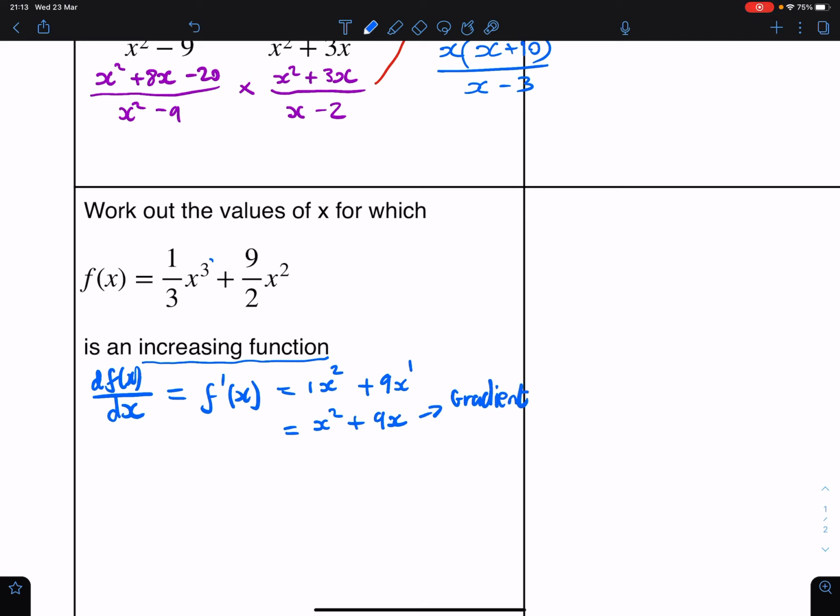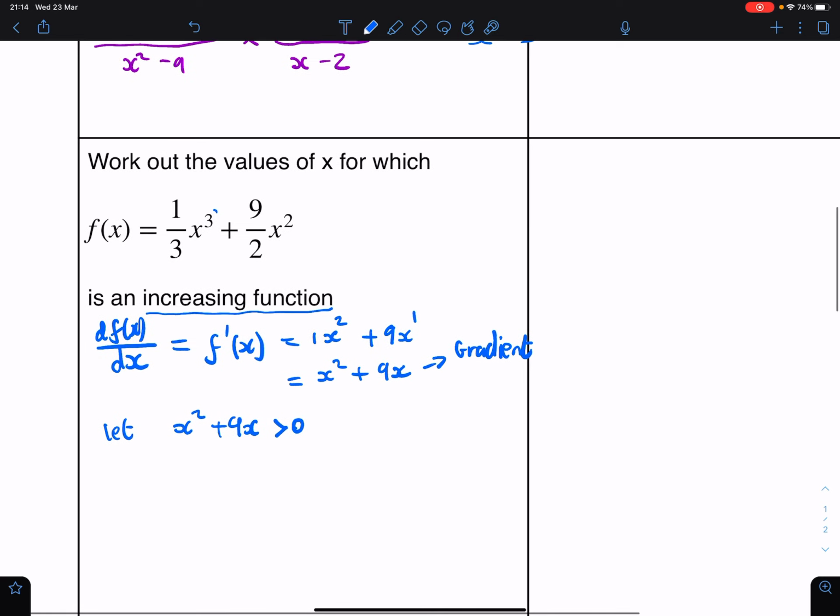And we want that to be positive, i.e., we want x squared plus 9x to be greater than 0. Okay, so we're essentially solving a quadratic inequality. Now, when we're solving a quadratic inequality, always be prepared to draw a graph. Imagine what this function would be if it were equal to 0.